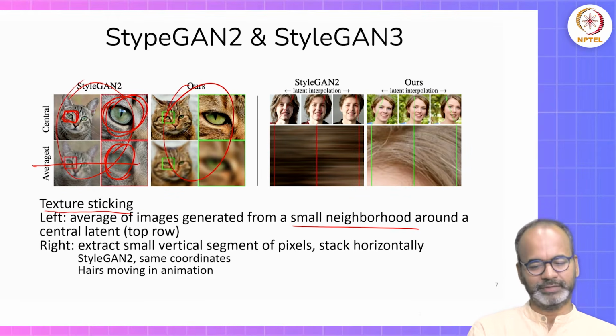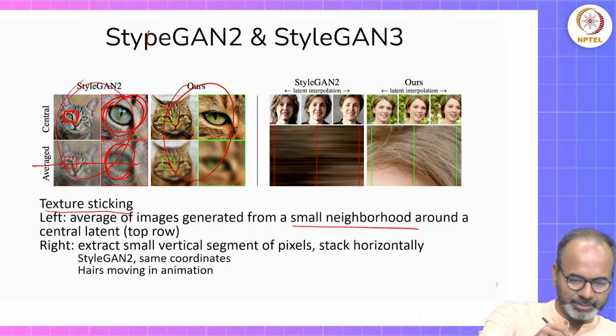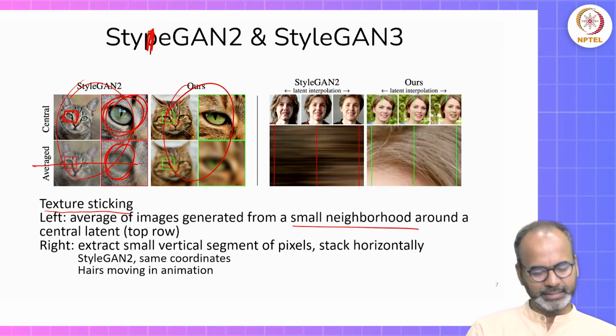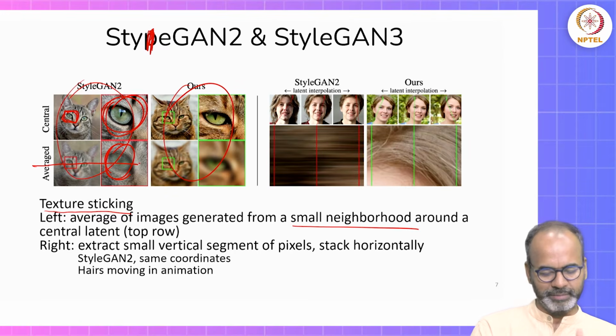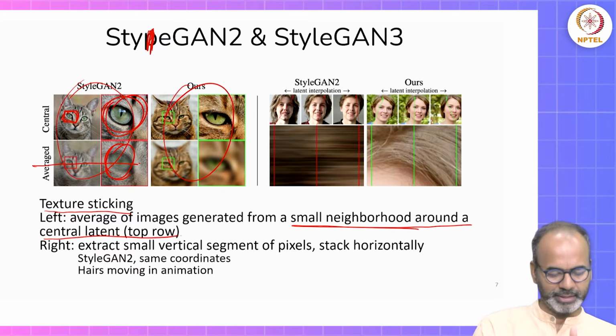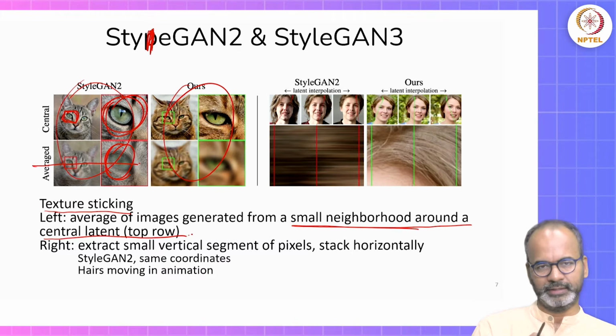Let's look at examples of StyleGAN 2 and StyleGAN 3. In this case, on the left, images generated from a small neighborhood around the central latent are a top view. There are two methods by which these images are done. One is the neighborhood, and the top one is where the central latent of the image is used.